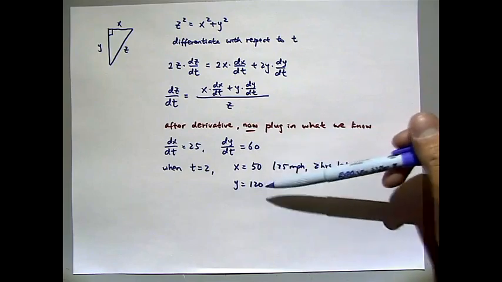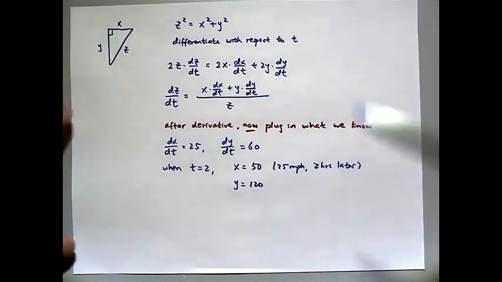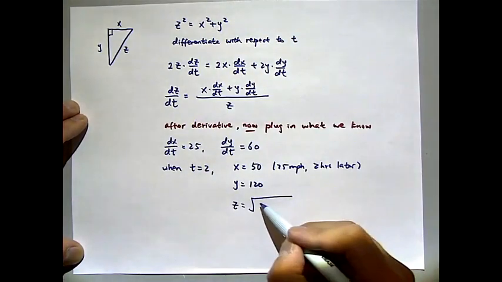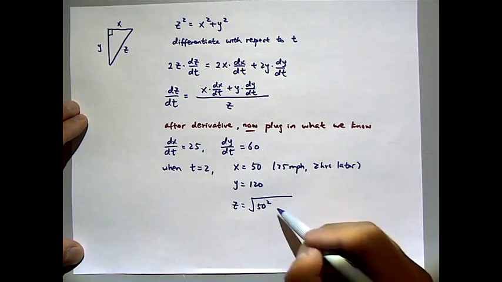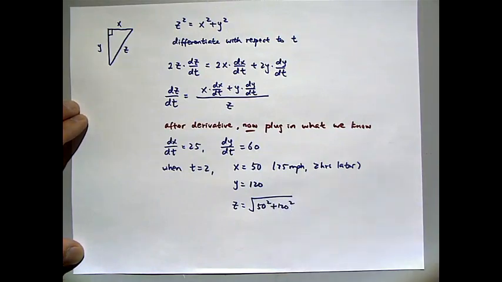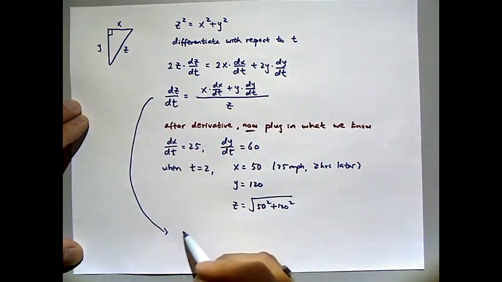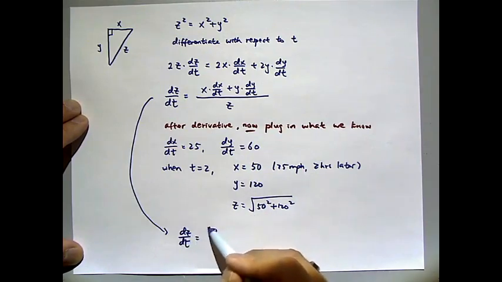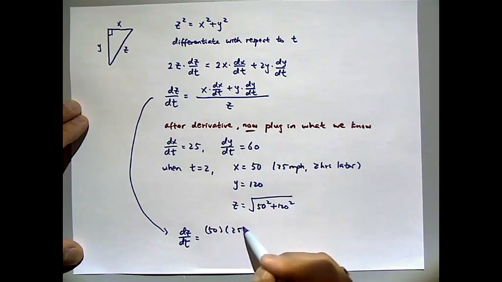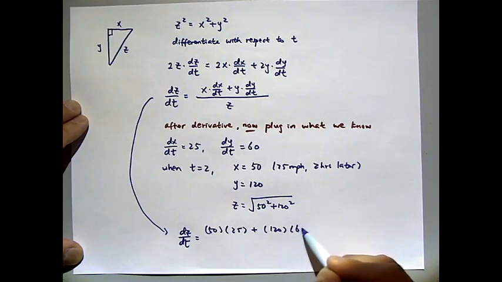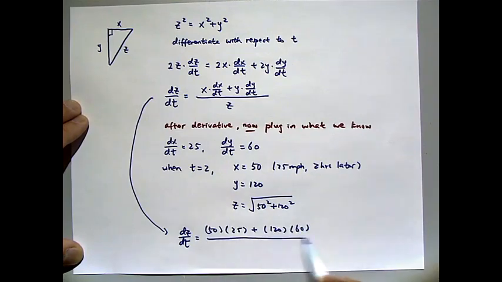If you know x and y, then z you also know. From the Pythagorean theorem, we know z is the square root of 50 squared plus 120 squared. Plug all of this stuff into this expression, and we should be good. 50 dx/dt, y dy/dt, all divided by z.